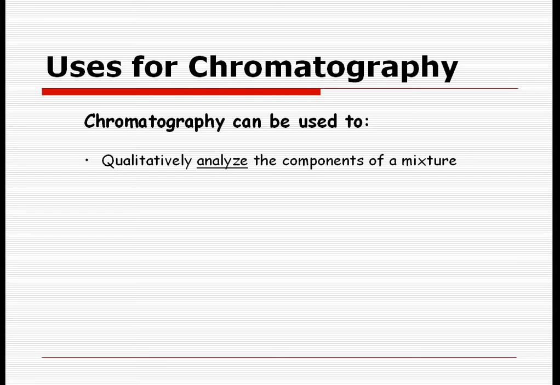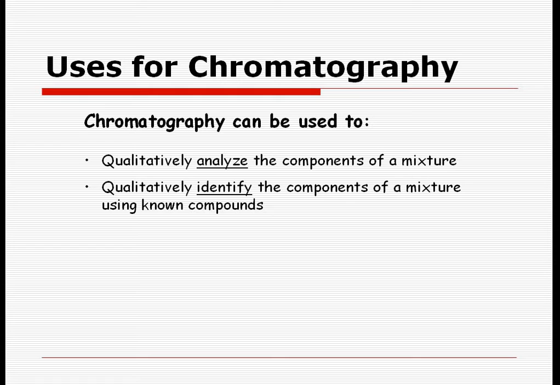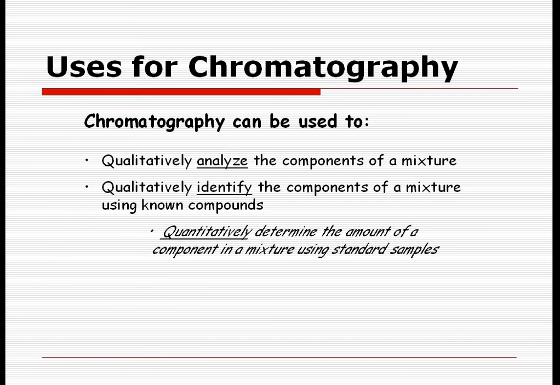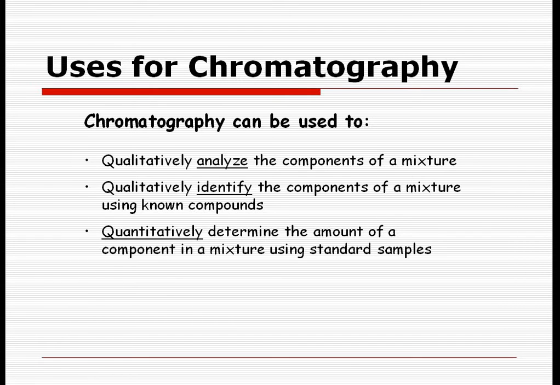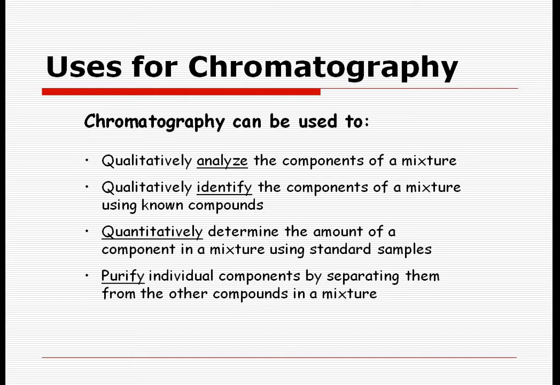We separate them out by chromatography, and qualitatively identify the components of a mixture using known compounds, and quantitatively determine the amount of a component in a mixture using a standard sample, and purify individual components by separating them from the other compounds in a mixture.